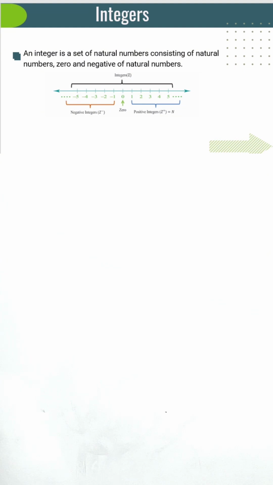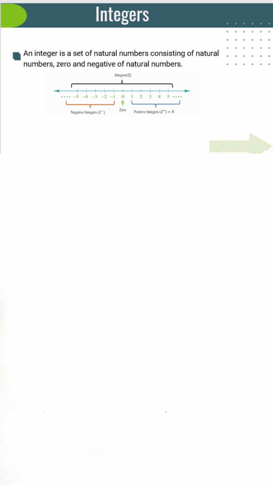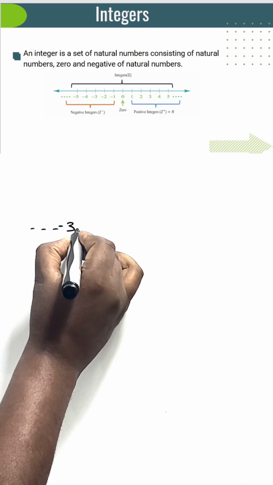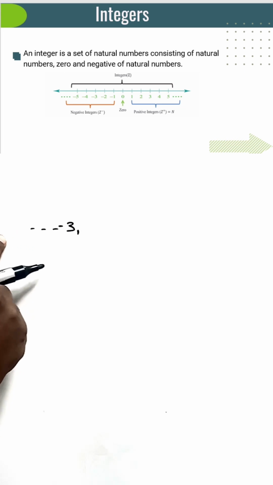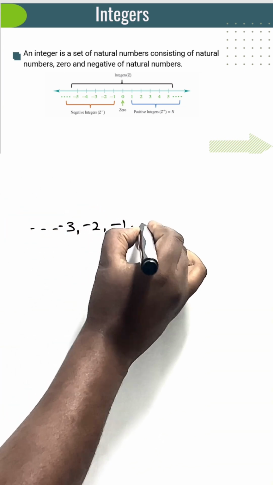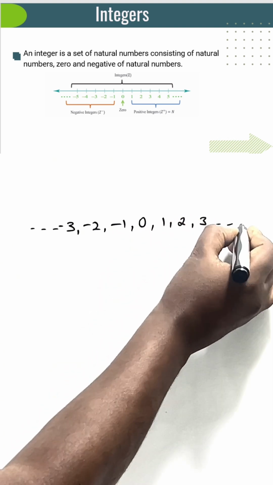So integers are a set consisting of the natural numbers, 0 as well, and the negative natural numbers as well. Let's start with a number, say -3, -12, -5, and it's going to continue: -2, -1, 0, 1, 2, 3, and it continues.